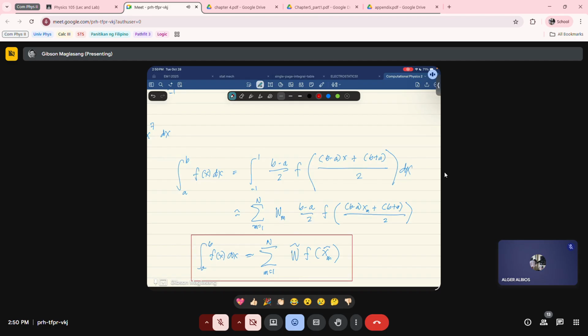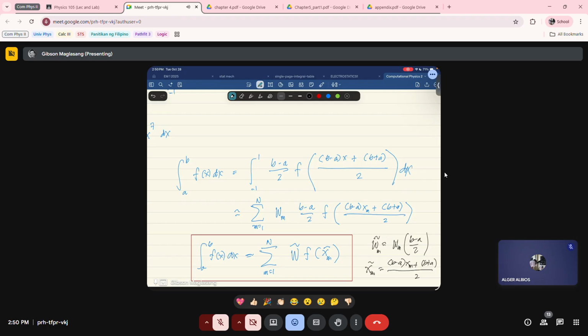In this case, your w tilde would be w sub m times b minus a over 2, where your x sub m tilde would be b minus a x sub m plus b plus a over 2.